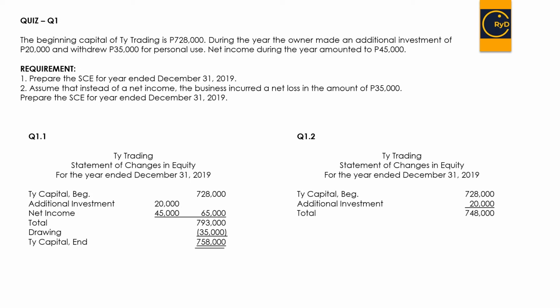We sum this up at a total of 748,000, and then we deduct the total of drawing and net loss at negative 70,000. So we deduct this from our total, then we arrive at our T capital end at 678,000.